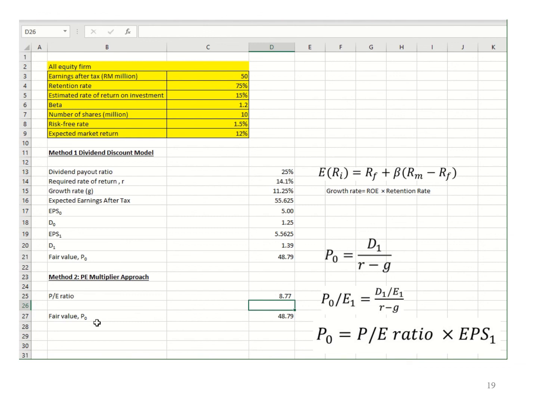Next, we calculate the fair value or the share price by multiplying the PE ratio and the expected earning per share. We have 8.77 times PE ratio multiply by 5.5625, the expected earning per share, and the fair value of the common stock is 48.79 ringgit, which is equal to the fair value calculated using the dividend discount model.